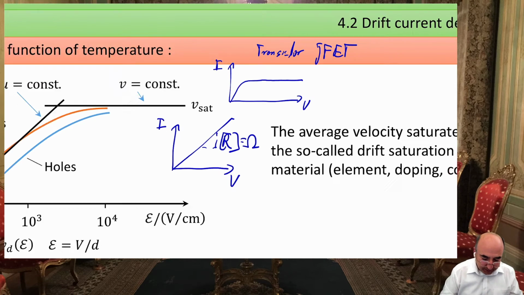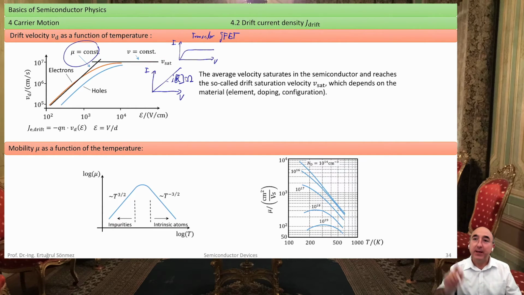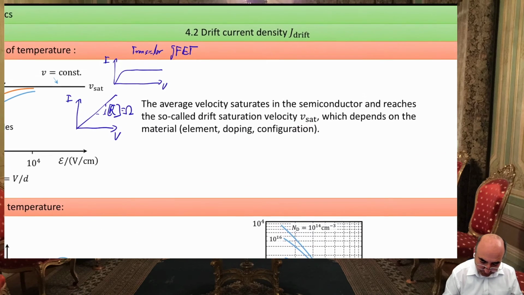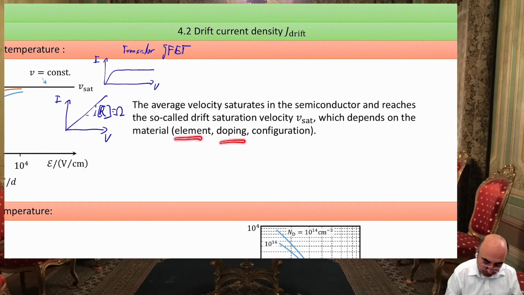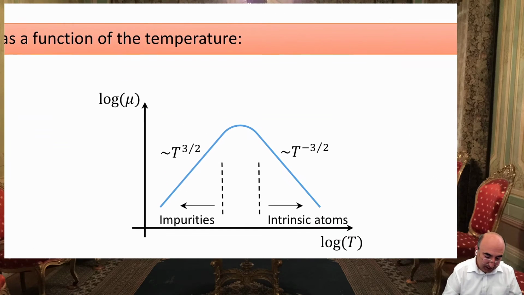So therefore, we have constant mobility and constant velocity areas within the characteristics. Okay, so the constant velocity, we have it. So we have some values which are element, doping, and configuration dependent. Let's talk about that. We have the mobility.